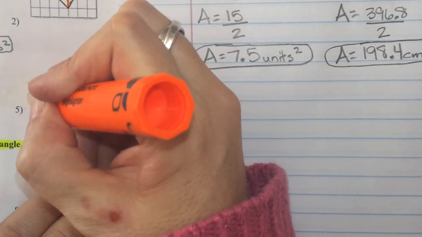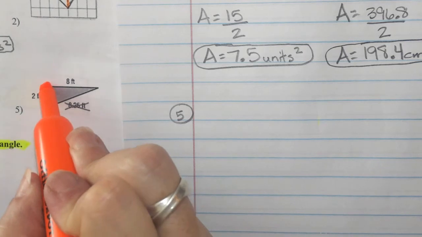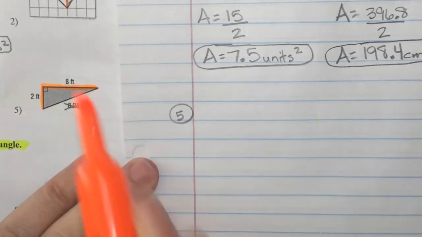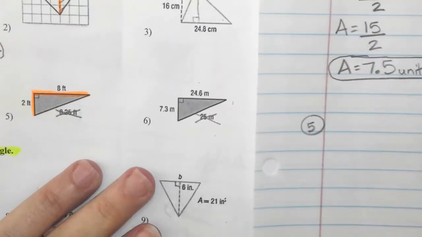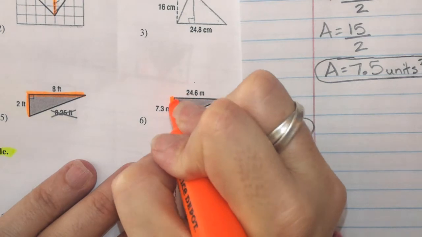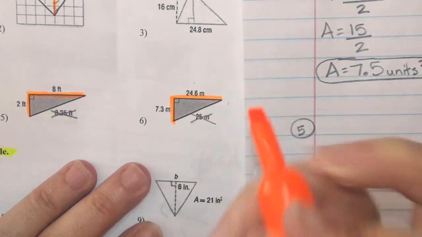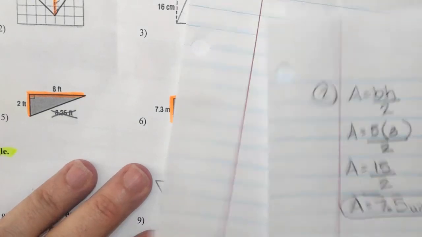So if this is my height, because it's kind of going up and down, think about it as this is the base. That is the trigger. Same thing on this one. I know they're in the same spot. I wish they weren't. But this is your height, and that is your base.